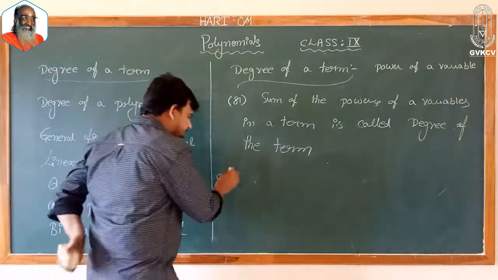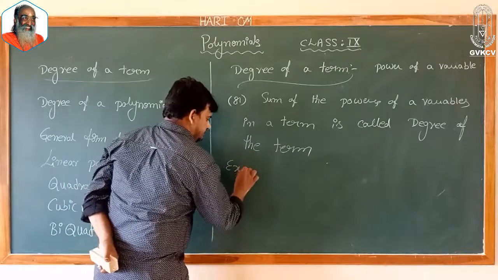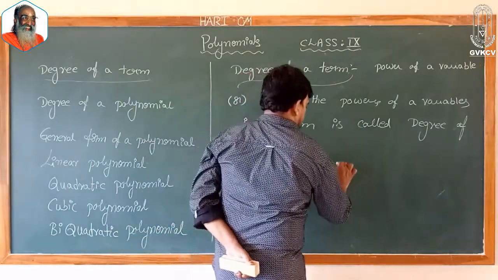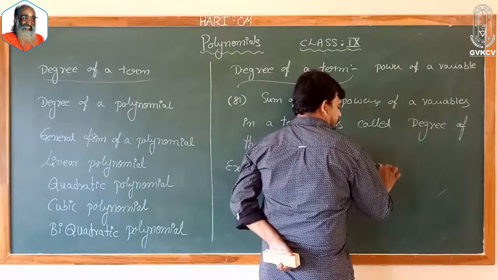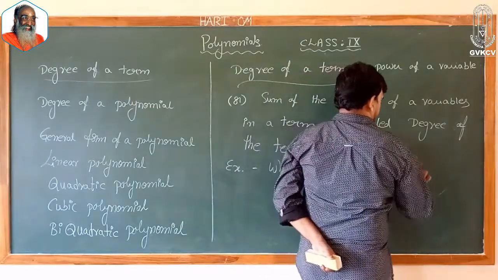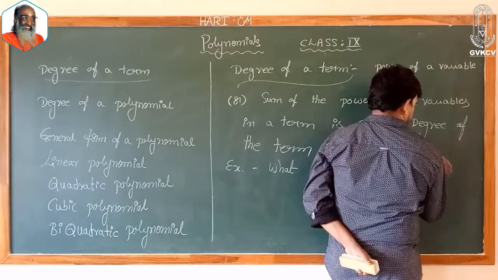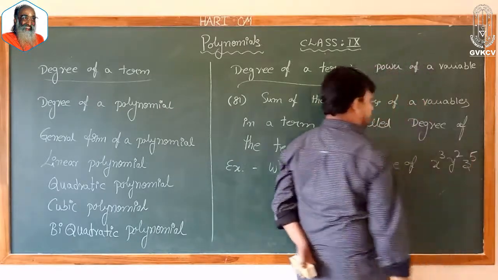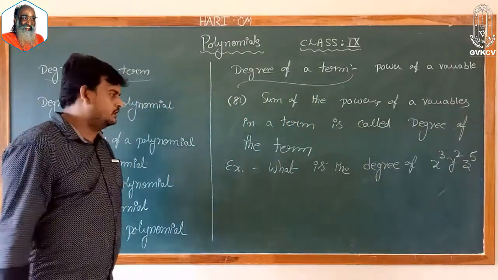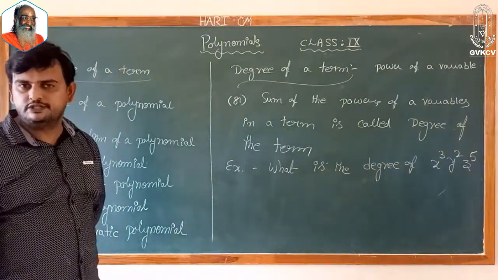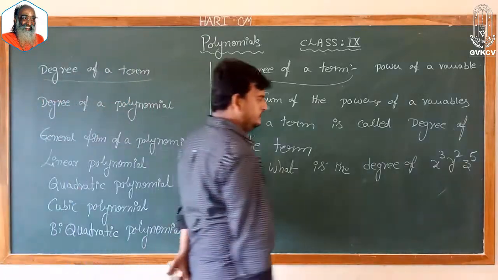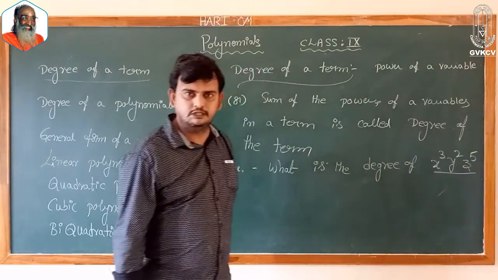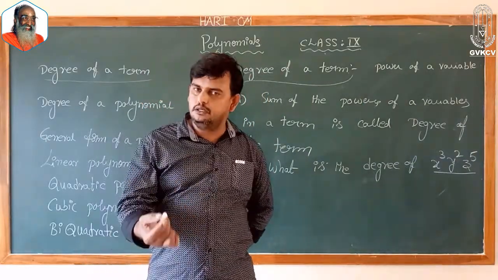For example, what is the degree of x cube y square z power 5? It is a combination of variables, which is a term.